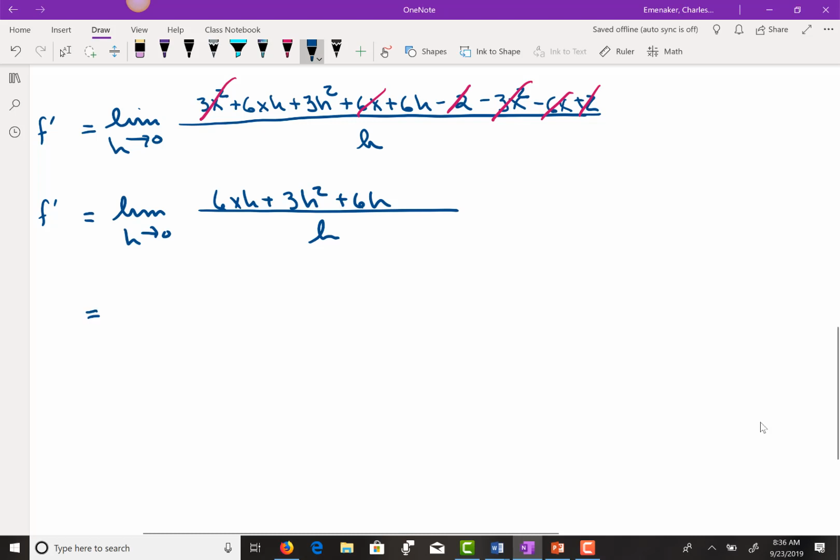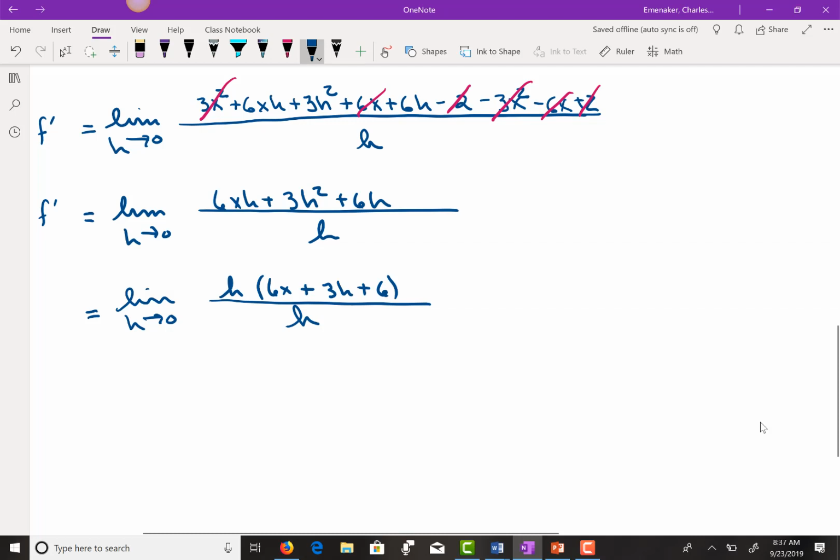Okay, that means we have to drag along the to-do list. The limit as h goes to 0. In the numerator, every term has a factor of what? H, doesn't it? So you can factor out that h, and you can rewrite the numerator as h times 6x plus 3h plus 6.